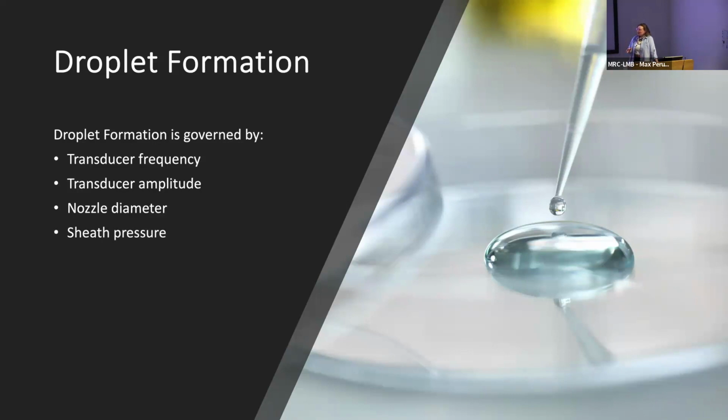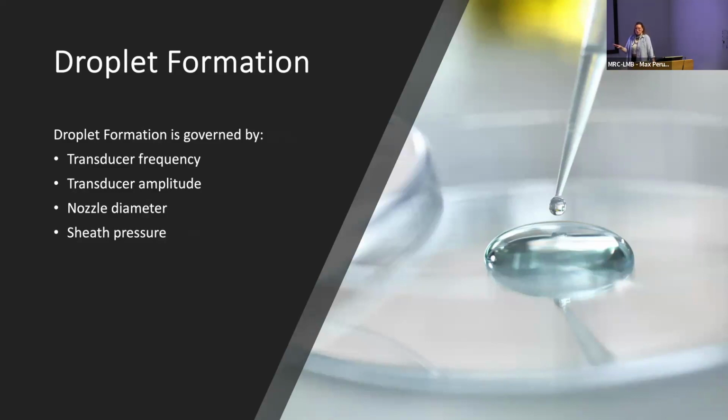The lower the transducer frequency, typically the lower the pressure. So if we're running frequency around 30 kilohertz, we'd probably have the pressure around something like 20 to 30 psi, or pounds per square inch. The higher the sheath pressure, we would be using much smaller nozzles. The highest sheath pressure we normally use is about 60 psi.